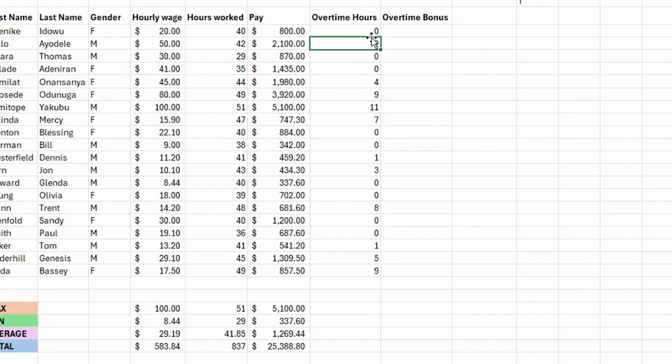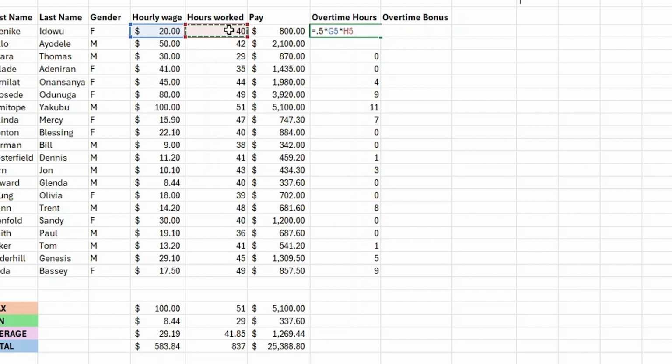So that will be equals to, let's come here, equals to 0.5 multiplied by hourly wage. Let me see. Multiplied by hours worked. It's very simple. 0.5 multiplied by hourly wage multiplied by hours worked.